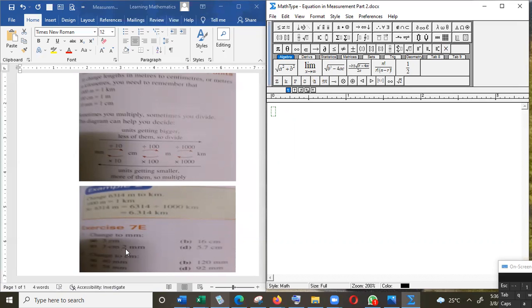Change to centimeters. So where are we starting? We're starting with millimeters. So part A, if you have 40 millimeters and you want to change it to centimeters, we're starting with millimeters going to centimeters, so you have to divide by 10.